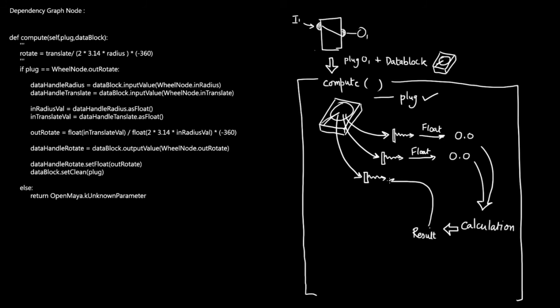And this result would go to this pointer, because this is the pointer to our output node, pointer to O1. And after the completion of the compute, this hard drive would be handed back to Maya, to take this data block and perform the calculation or update your viewport or whatever. So this is how this compute function works.